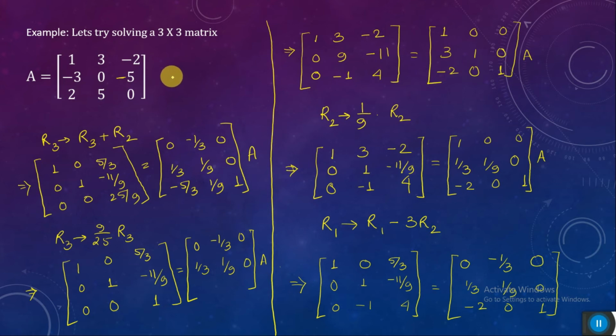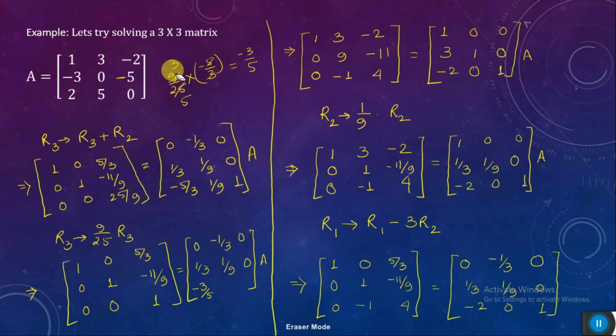So 9 by 25 into row 3, that is minus 5 by 3, right? So this is 3, this is 5, so this will give us minus 3 by 5.